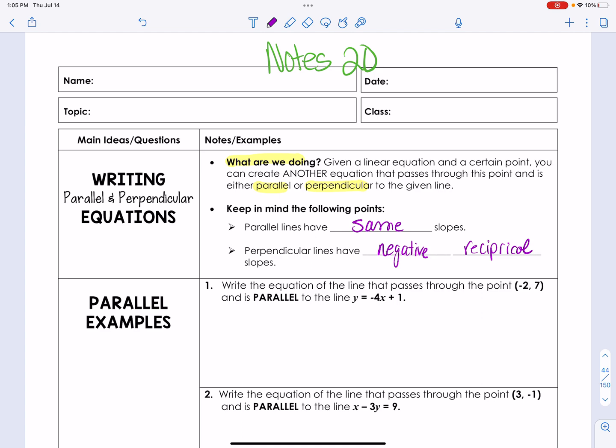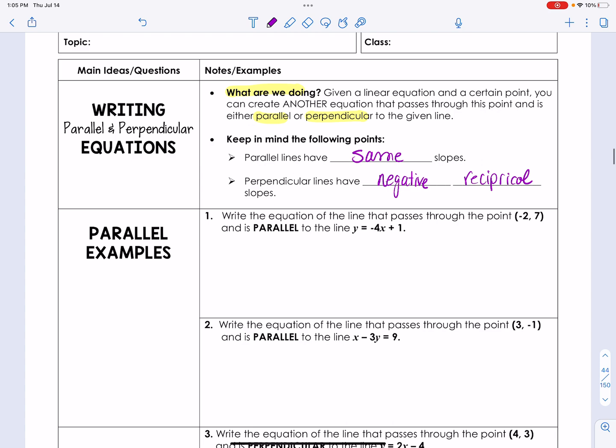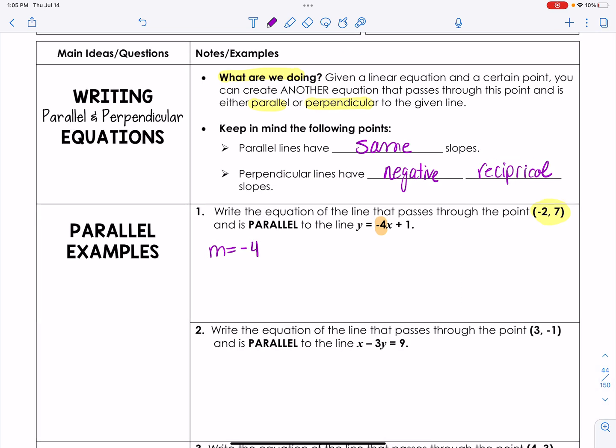On this first example, they want us to write the equation of a line that passes through the point (-2, 7) and is parallel to that line. If it's parallel, the only thing we care about is that -4. So we know that our m on our new line needs to be -4 because they're parallel, and we have a point, (-2, 7).